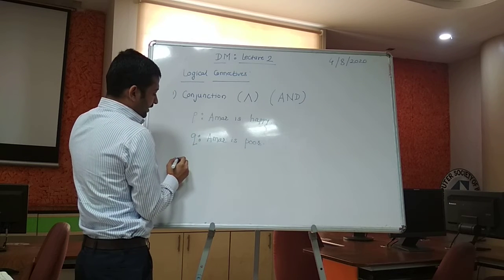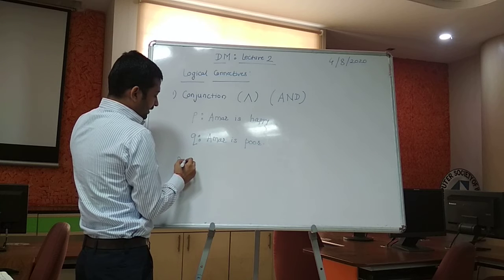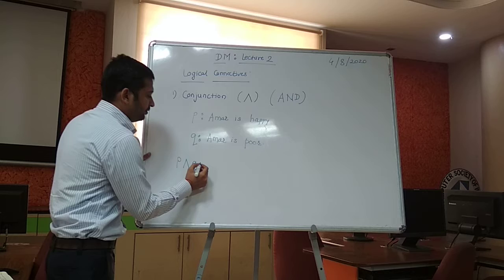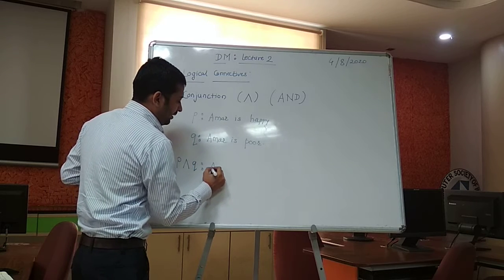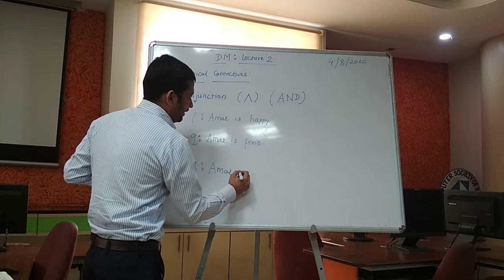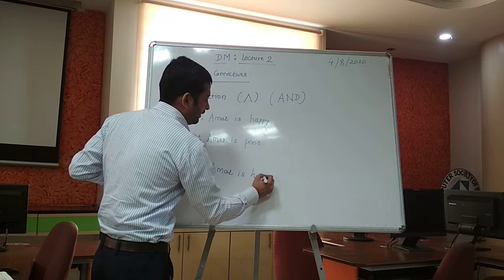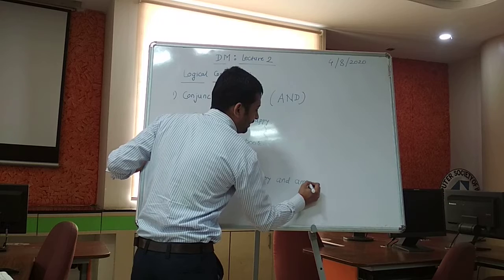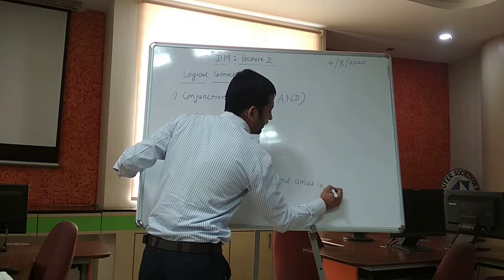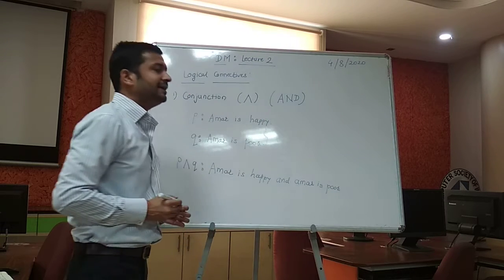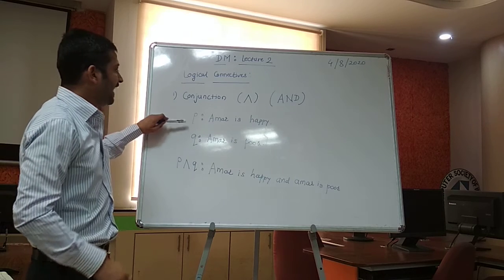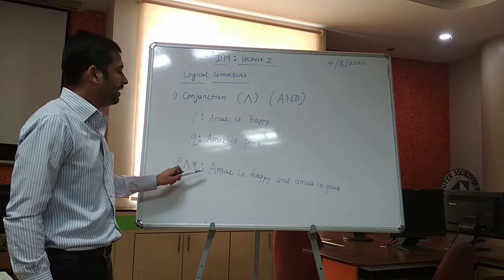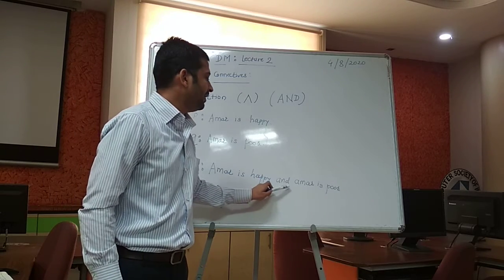So the logical or compound statement of that is represented by the symbol P ∧ Q. So the P and Q statement will be Amar is happy and Amar is poor. So we connected these two English statements, statement P and statement Q, and formed the compound statement P and Q like that.